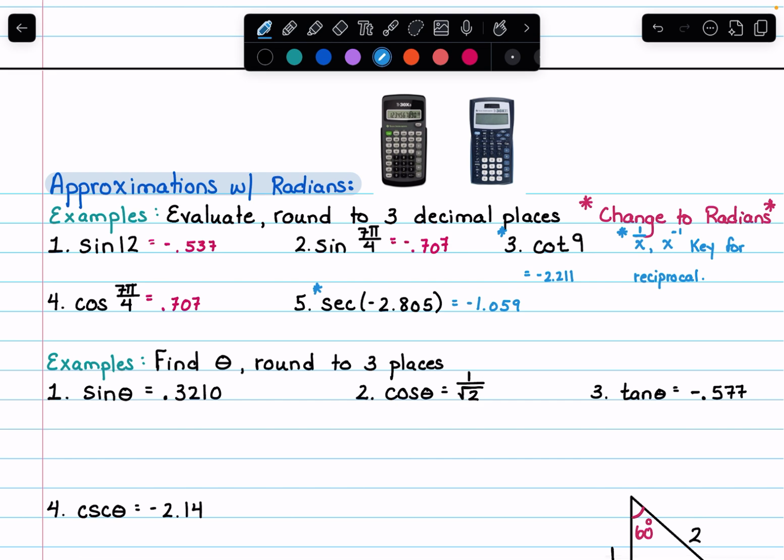So all of those are just making sure that you are in radian mode, and then you might have to use your reciprocal key. On your test, what's kind of tricky about it is you're going to have to switch back and forth to degrees and radians and things like that. They're going to be all mixed up. So you just have to make sure if there's no degree sign that you are in radian mode.